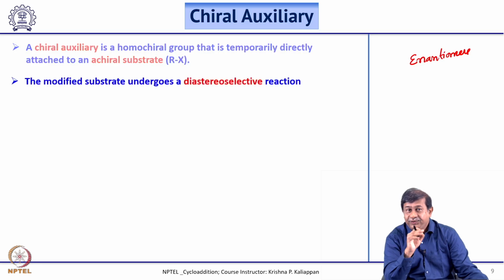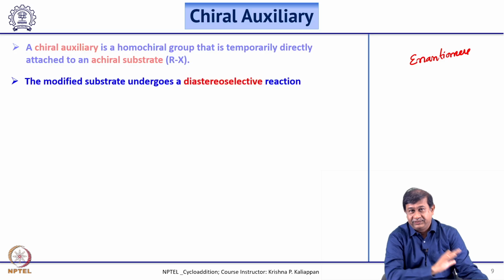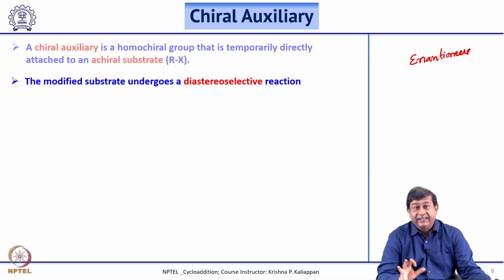However, when you attach the chiral auxiliary to your substrate, which is not chiral, and you do any reaction, in this case the Diels-Alder reaction, what will you get? You don't get a mixture of enantiomers. What you get is a mixture of diastereomers, because this reaction is diastereoselective.